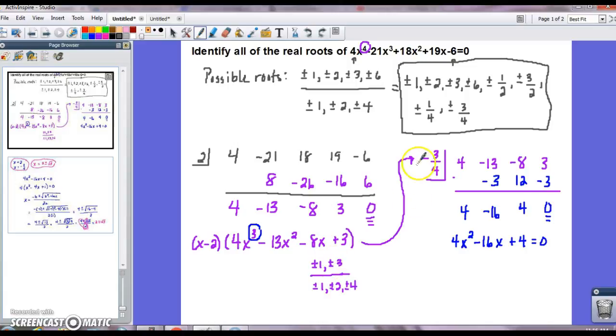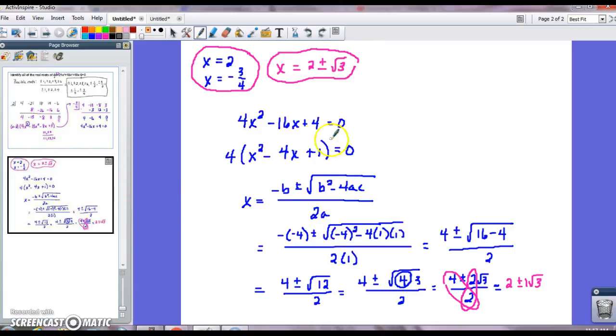These are all of my factors I tried. Negative 3/4 worked, and that brought me down to this quadratic equation, which also cannot be factored, so I had to use the quadratic formula to solve it, and then these are the 4 roots of that polynomial function. So that's just a quick look as to how to do that.